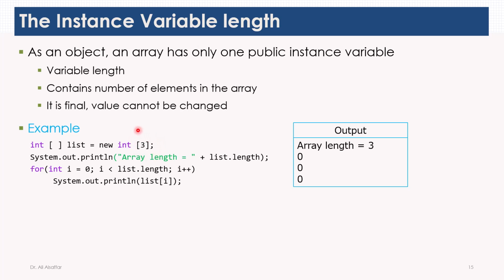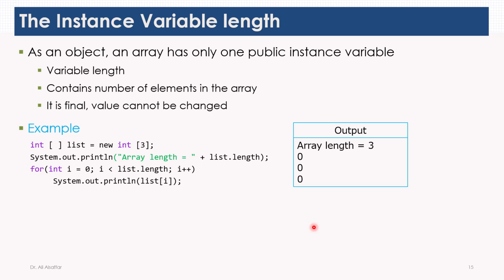So 3 is in fact the length of the array. In programming, you reference the length of the array by the instance variable length. You just write the name of the array followed by dot, followed by the instance variable length. And here is how to print the length of the array we have just declared. The name of the array is list. Therefore, list.length will give you the size of the array, which is 3.